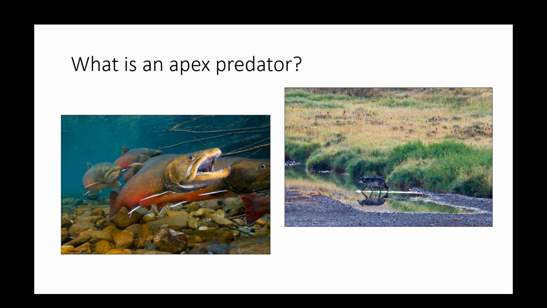And these are images of a wolf in the Lamar Valley. They use the riparian areas and the wetlands. Wolves tend to use those wetlands because it's an easy place for them to take down prey, basically.